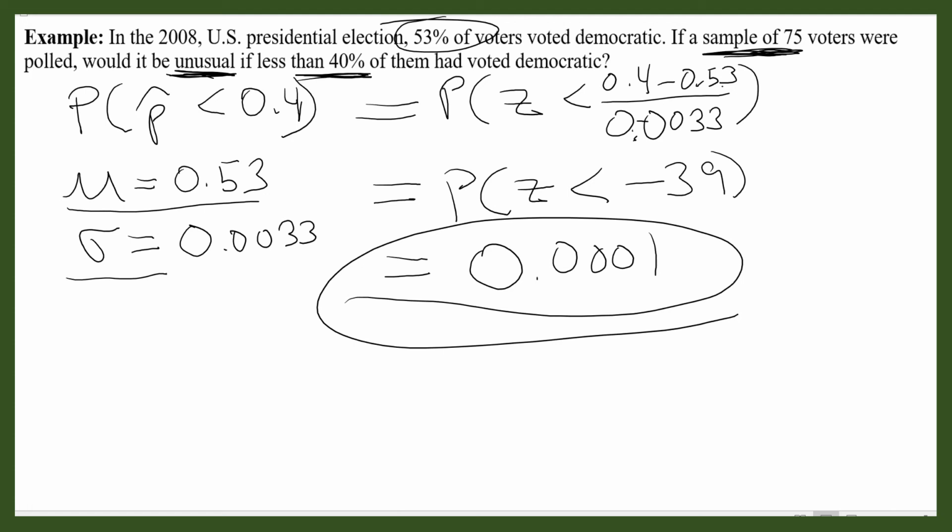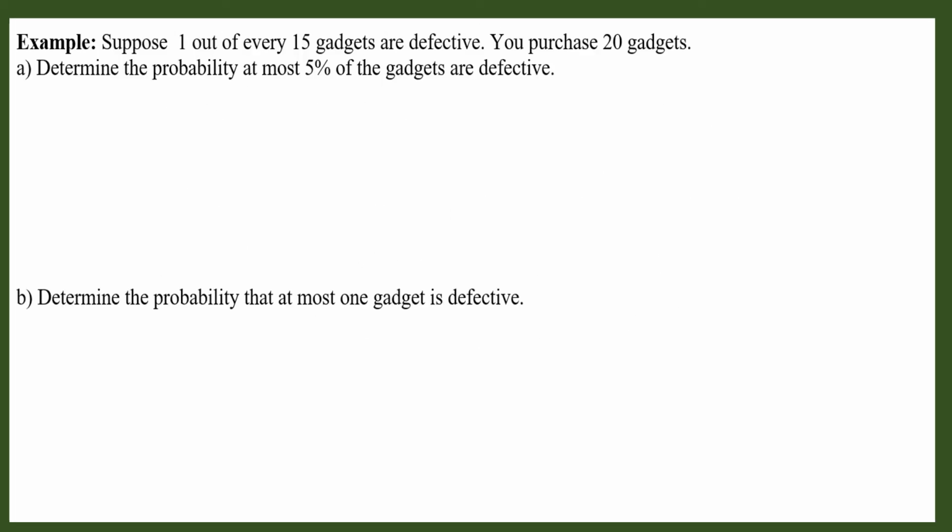Okay, moving on. Here's our final example here. You read it over. Let's see what we have. We want the probability at most 5% of the gadgets are defective. We took a sample.